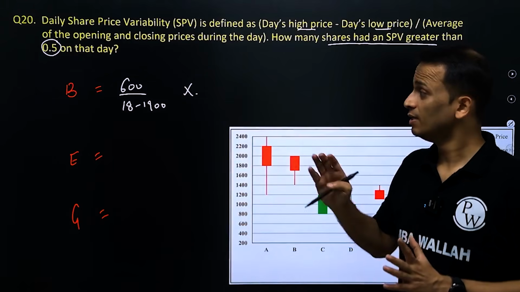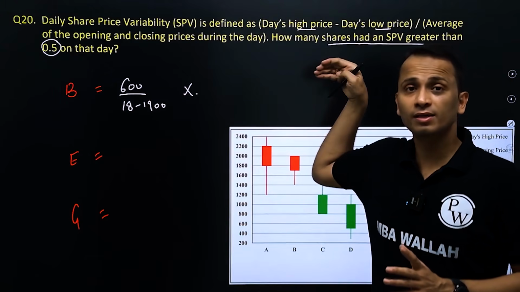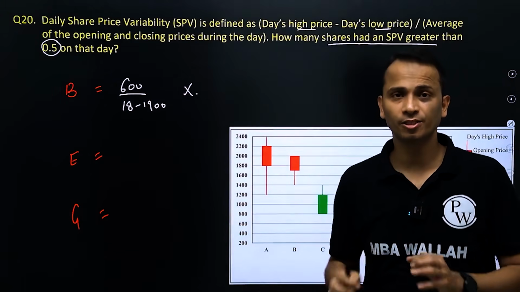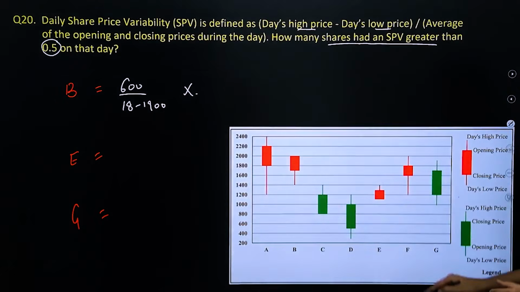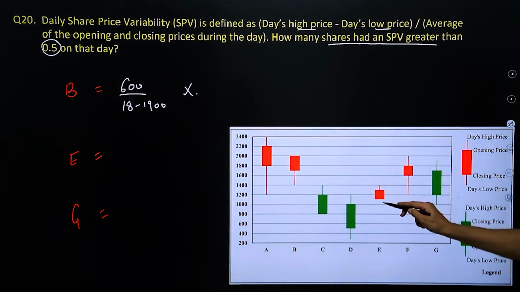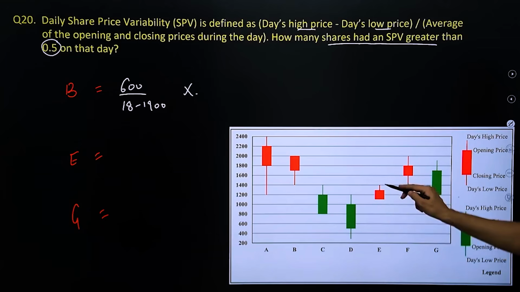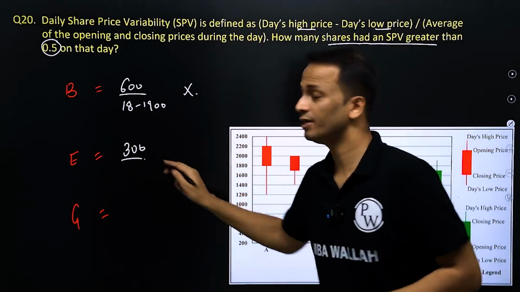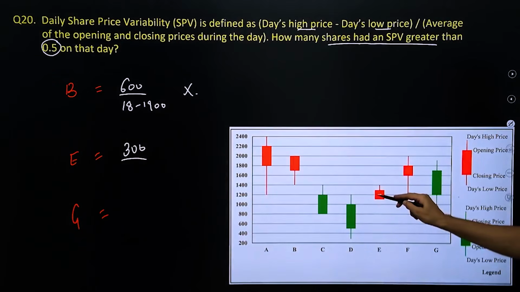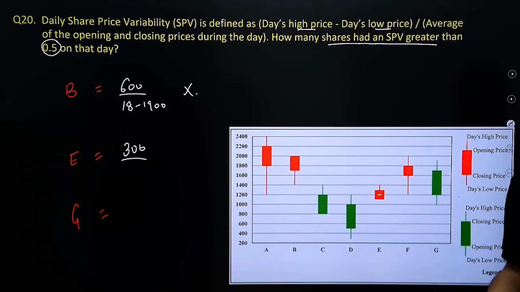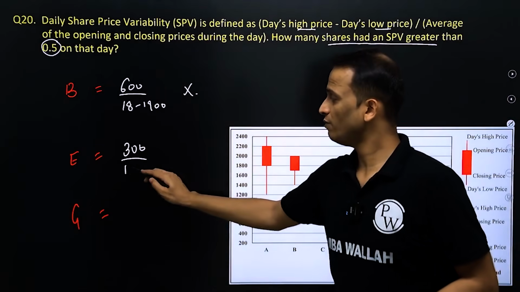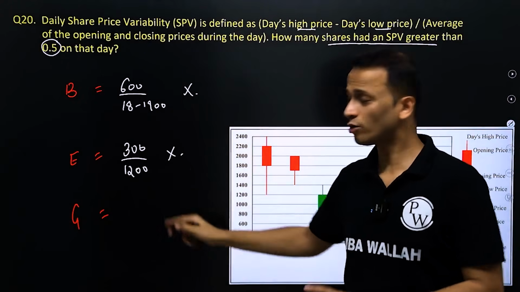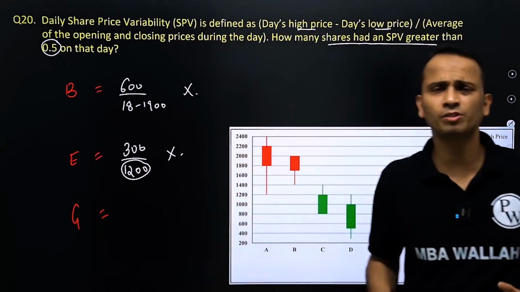No need to get into the depth of this calculation. Leave it behind. E, 1400 minus 1100, that is 300, divided by a value somewhere here, 1200. Again, I'm not writing the exact value, I'm just writing approximate values.